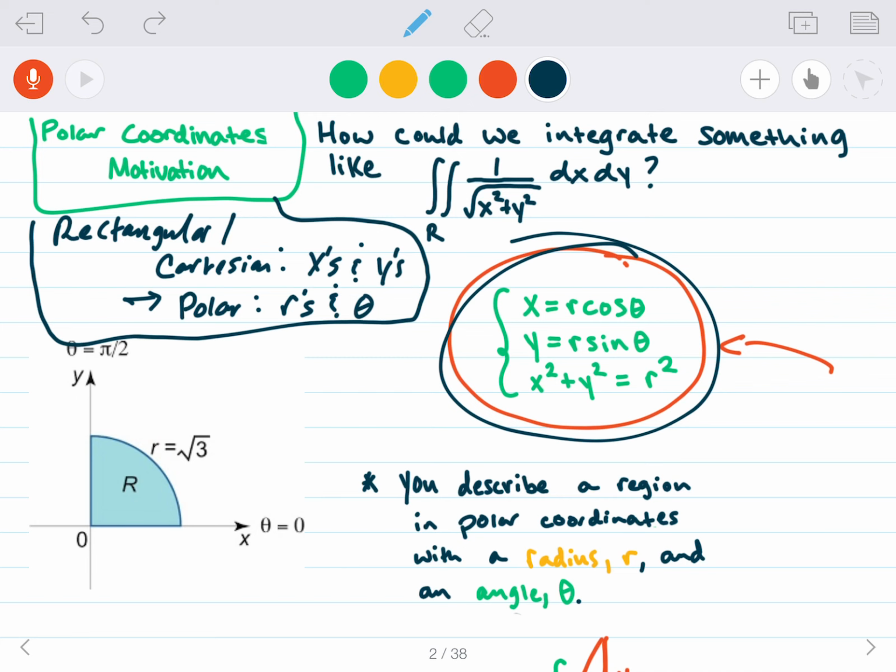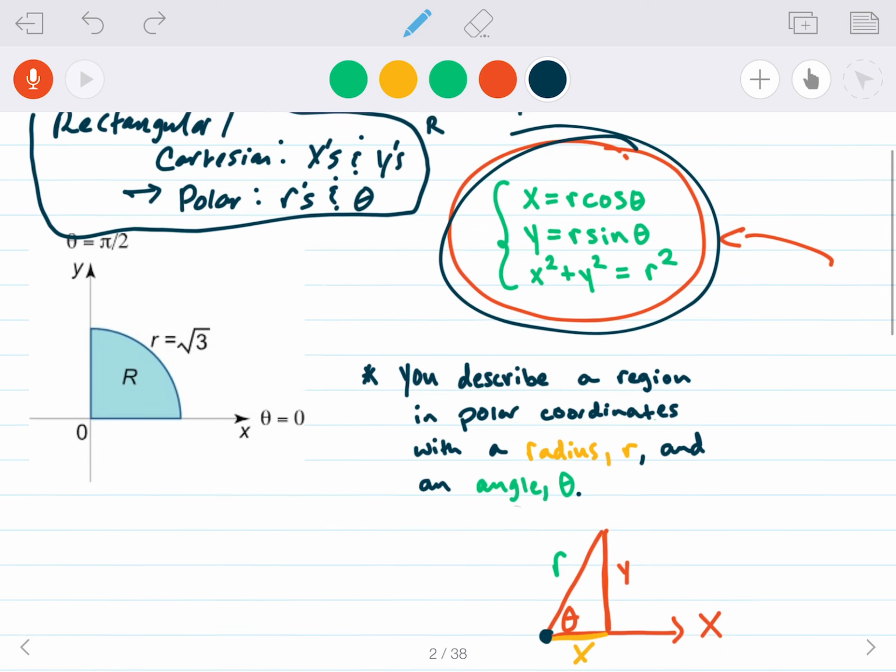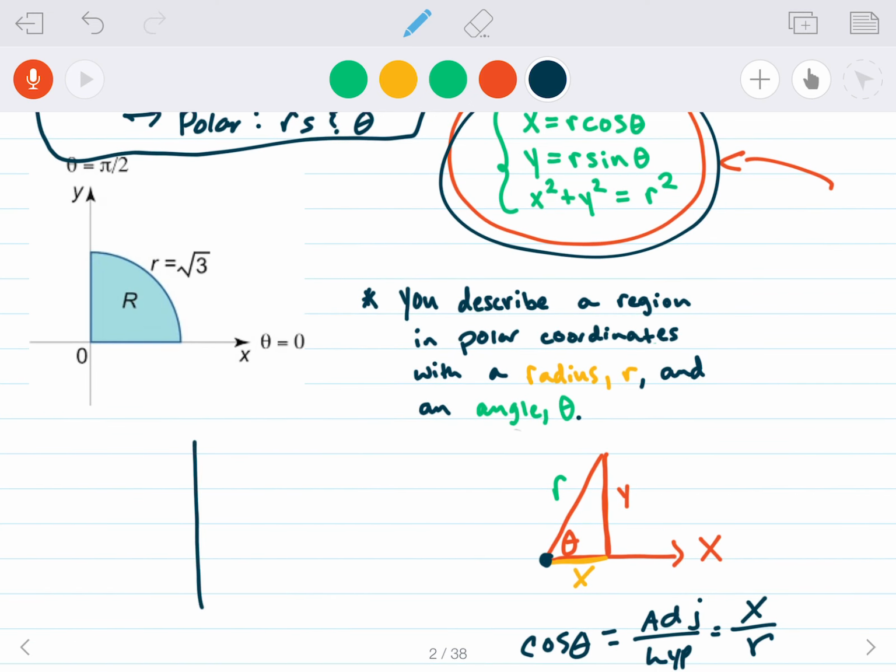So the idea is that when you're in the XY coordinate system, and I just give you a random point right here, P, I can describe that by saying how much I go to the right and how much I go up. Okay, so I can describe that with XY values.